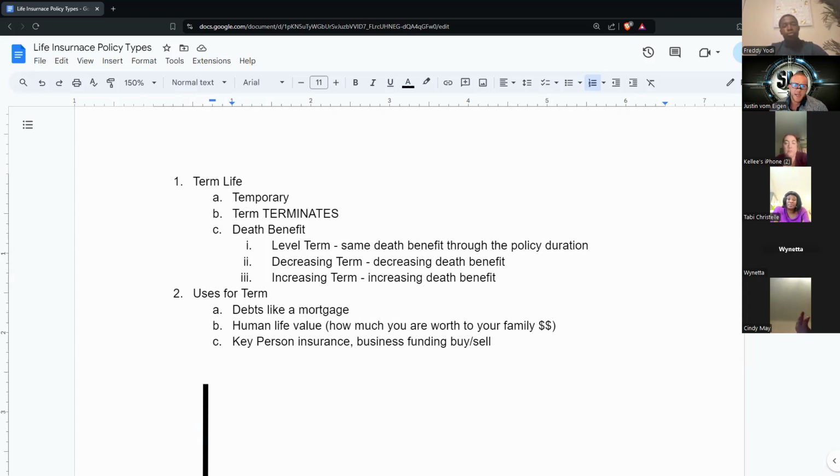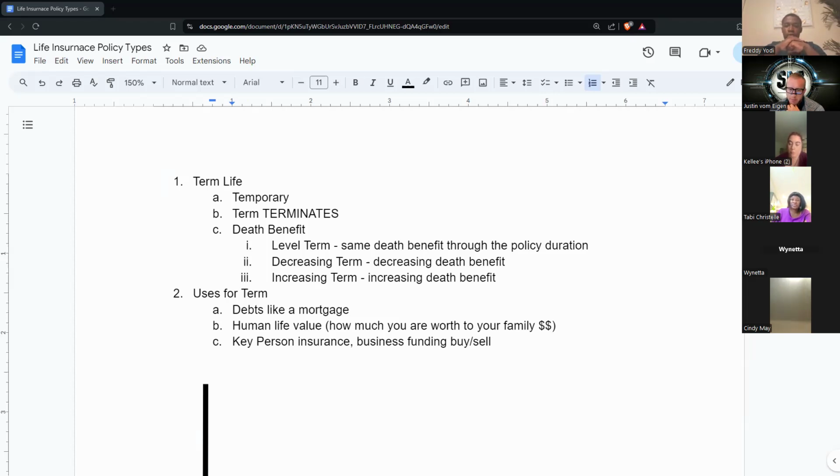I'm trying to think if there's any other uses for term insurance. Let me just check, see if there's anything I missed. Pretty sure it's got, oh yeah, income replacement.